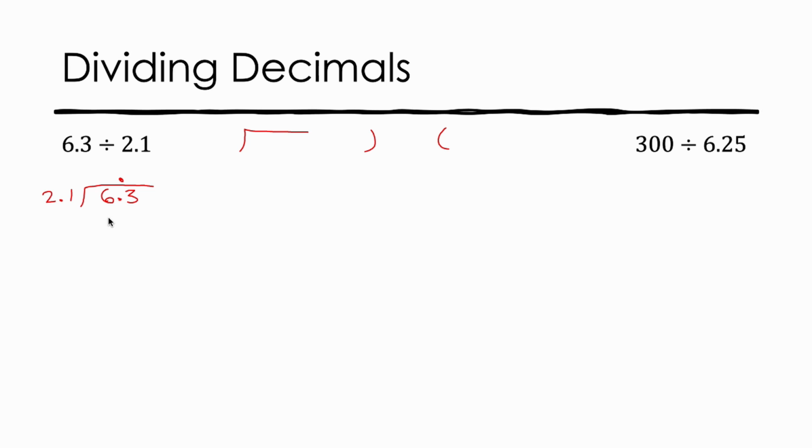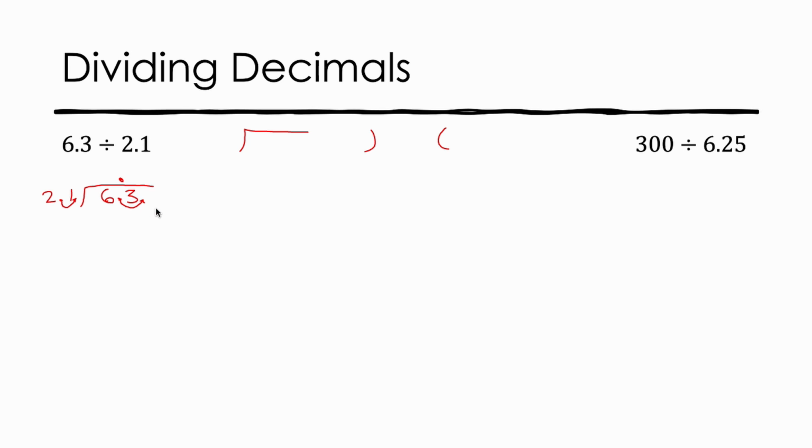So what I like to do is I like to put the decimal point straight up so that I can keep my places all in line. And if I'm not able to divide by something, then I'll just put a 0 over there. But first, let's make this an integer. No one likes keeping the divisor a decimal as it makes it intensely hard to divide. So what we do is we move this decimal point 1 to the right. And what we do to this, we need to do to this. So we move this 1 to the right as well.